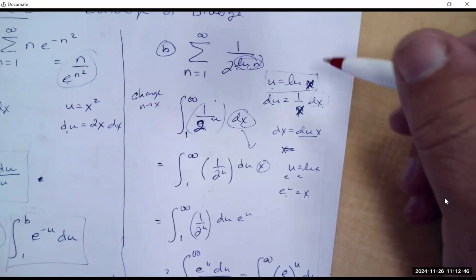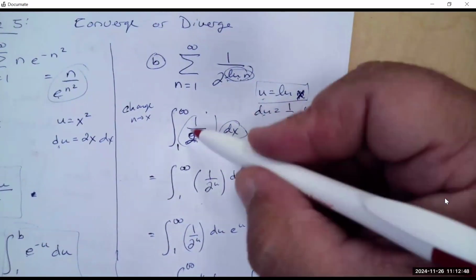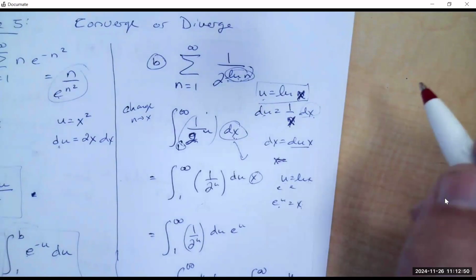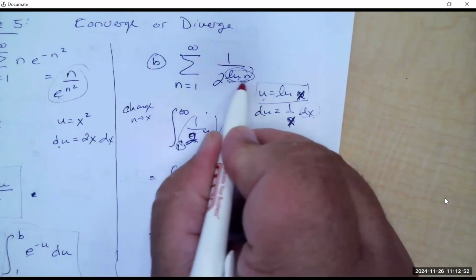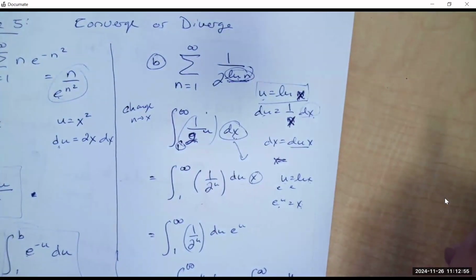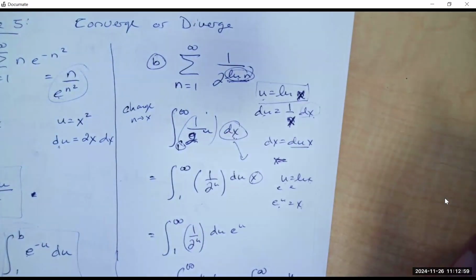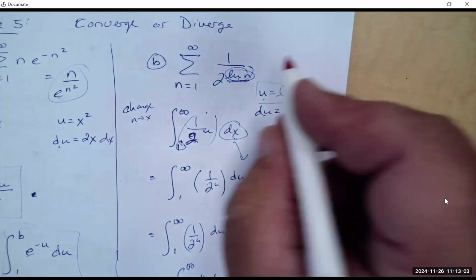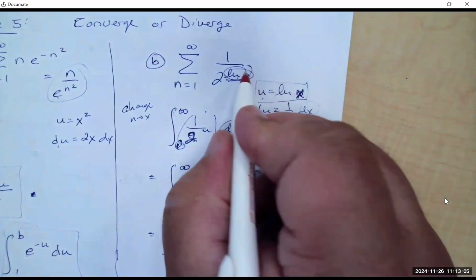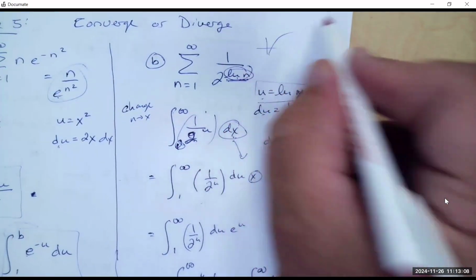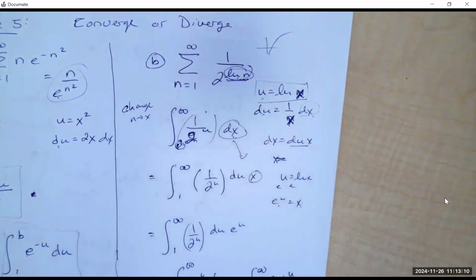Ah, okay, here's the problem: my bounds of integration. What's the domain of ln? Can you take the ln of 1? No. So we're going to take it from 0 to infinity.